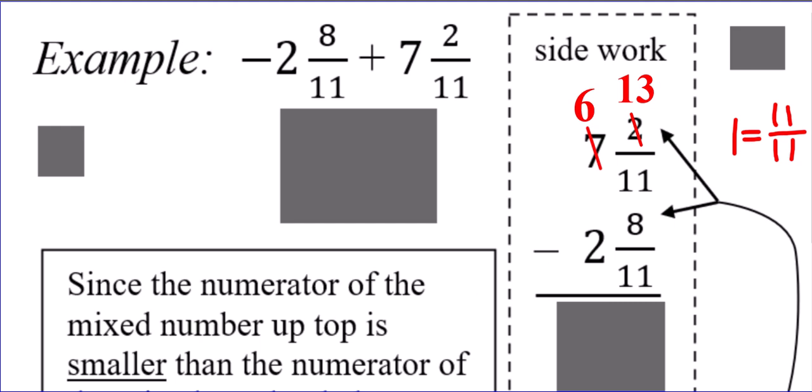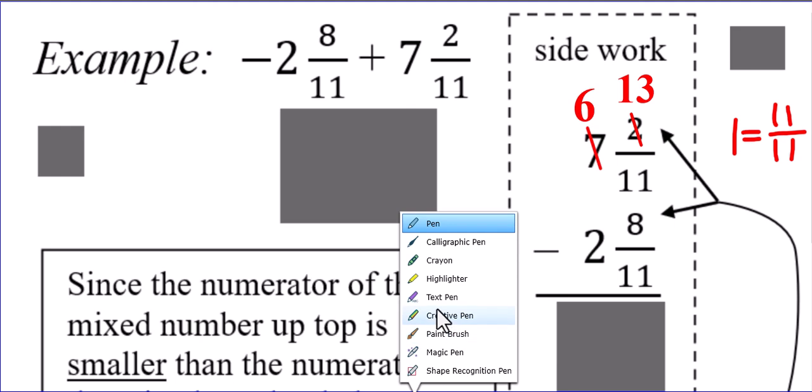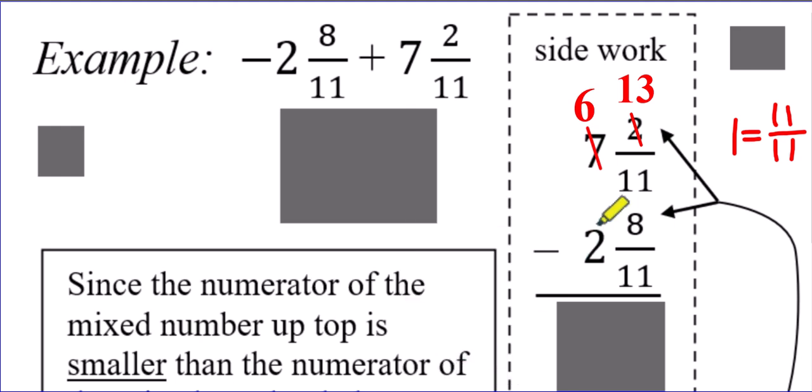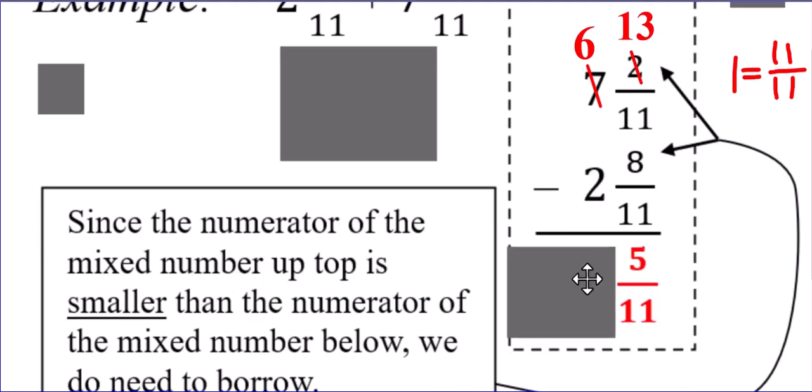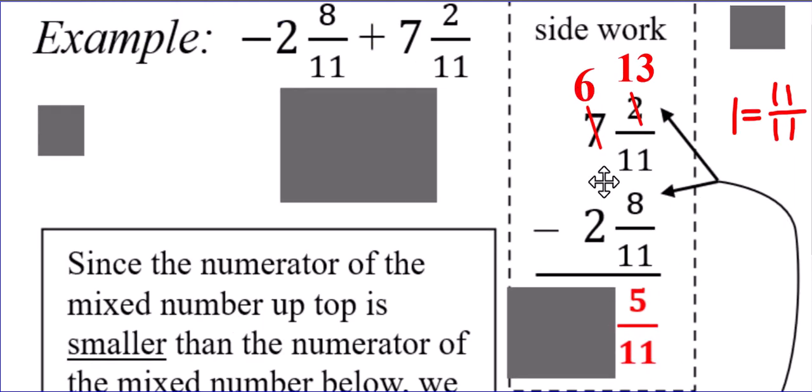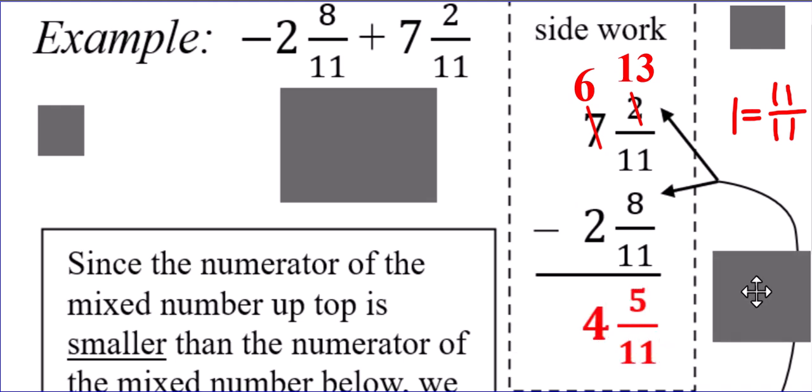A shortcut for getting that 13, if I can break out my highlighter here, is to basically take the denominator's value plus the numerator's value, and that will give you the new numerator for any type of borrowing situation. All right, now let's go ahead and subtract. 13 minus 8 is going to give me 5 11ths. 6 minus 2 is going to give me 4.